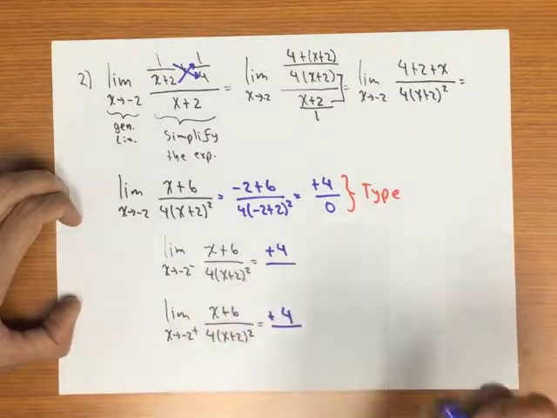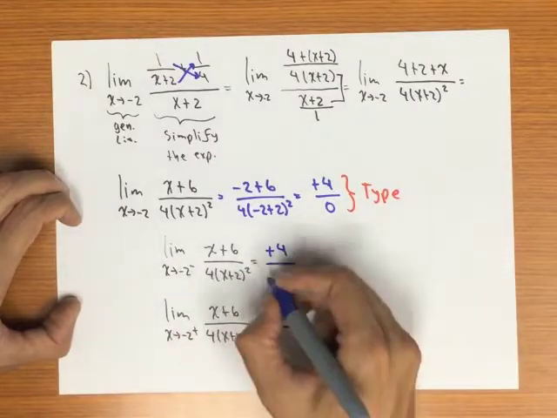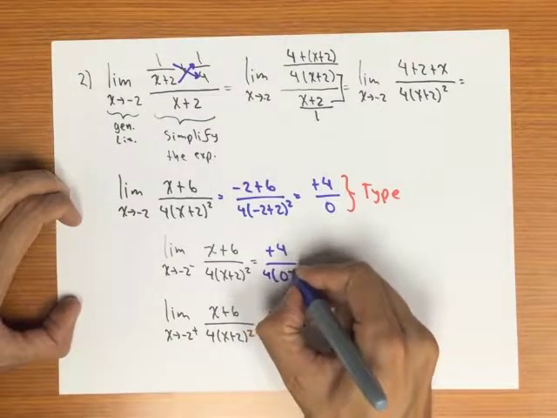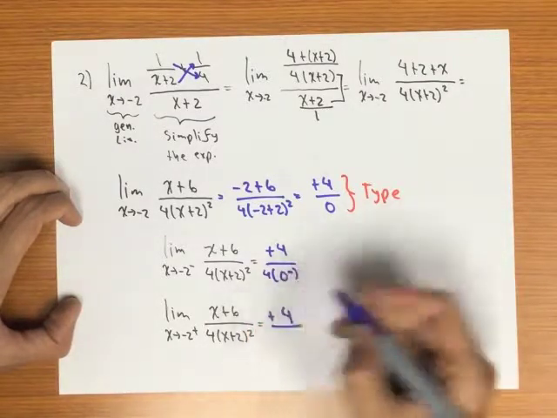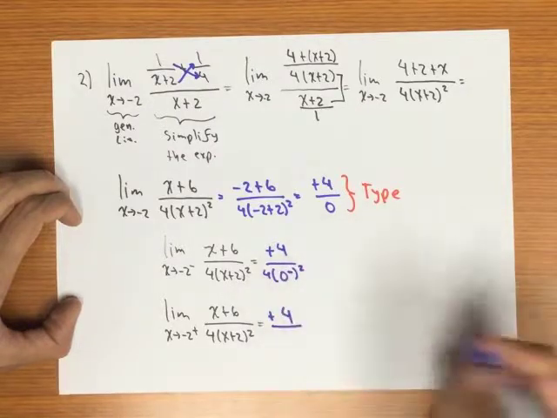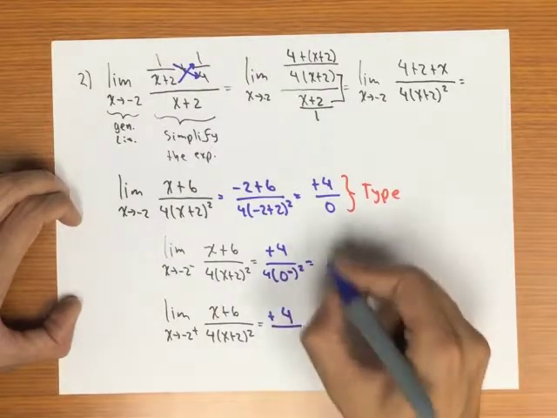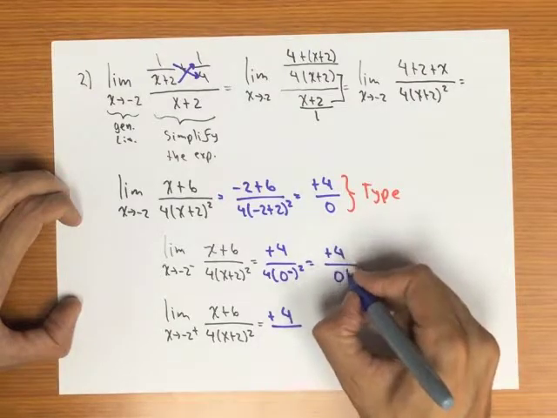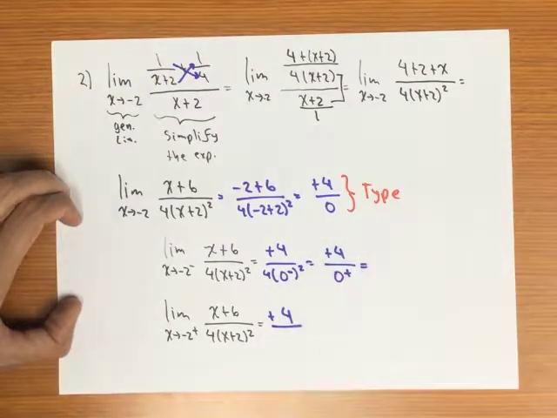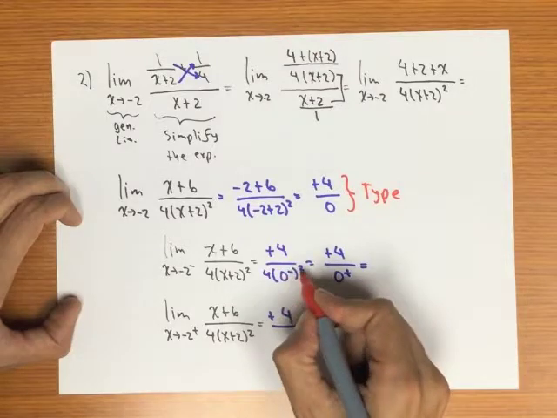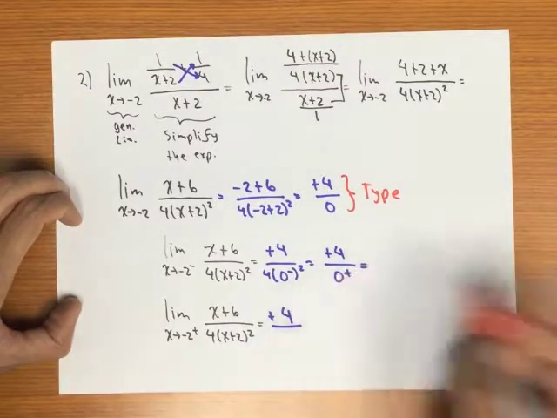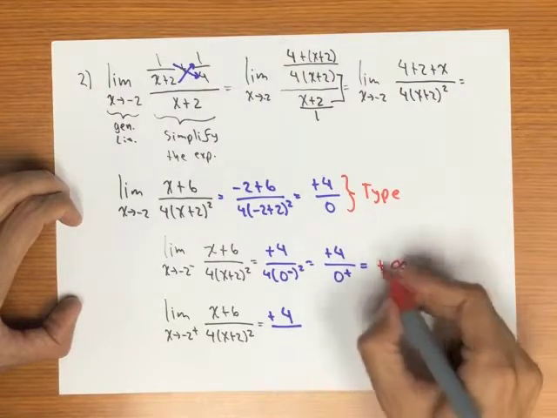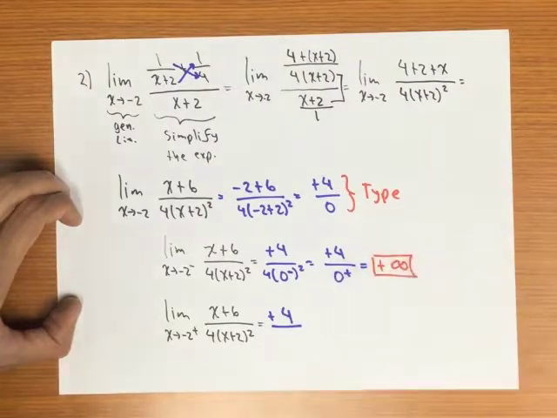That something will be 4 times 0 from the left, meaning that you will have a negative number, but you have to take that number to a square, and finally you will have 0 plus. Because this negative number is squared, you will have a positive number, and you will have positive infinity as the answer for the left side.